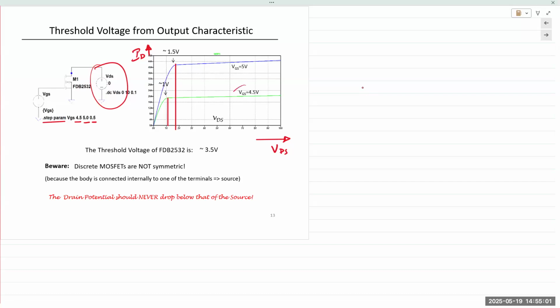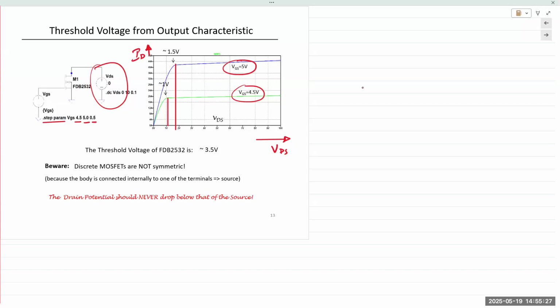And from our applied VGS, if we subtract that voltage, we obtain the threshold voltage VTN. So with 4.5 volts applied VGS, overdrive voltage 1 volt or 1.1 if you will, then your threshold voltage is 3.5 volts.